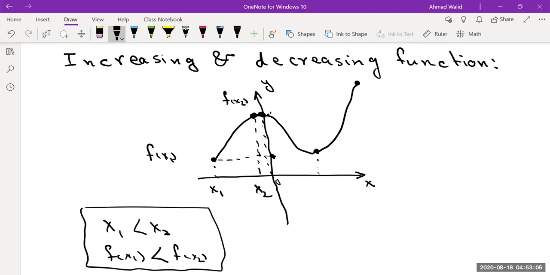If you end up with such a relation, that x1 is less than x2 and f of x1 is less than f of x2 in a given interval, usually we name it interval I. Interval I means from here to here, right? In the given interval, in this case, the function is increasing.